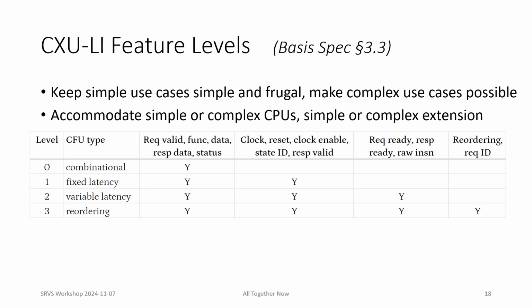Level 2 is for variable latency streaming CXUs, adding valid ready handshakes on requests and responses, and level 3 is response reordering CXUs. The basis spec also defines feature level converter CXUs that adapt request and response channels up to higher feature levels so that you can use a level M CXU in a level N system.